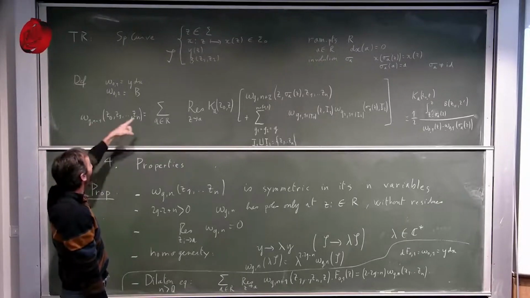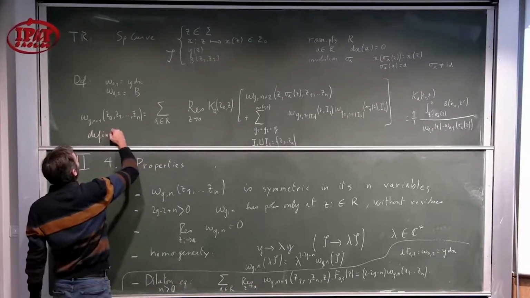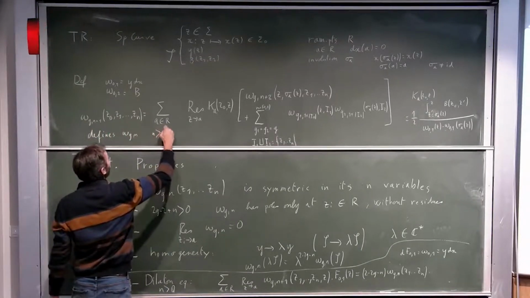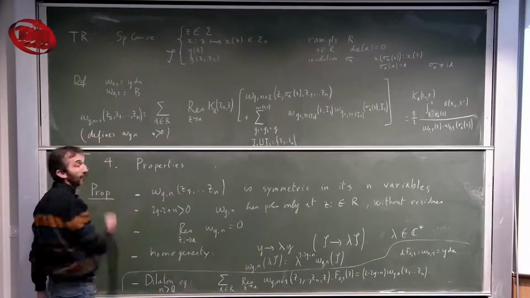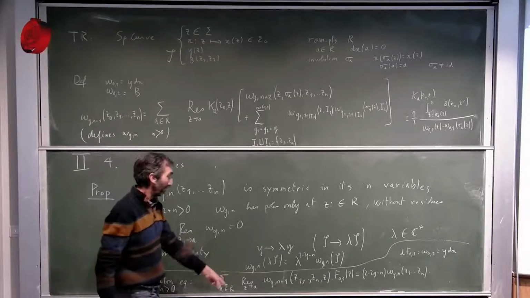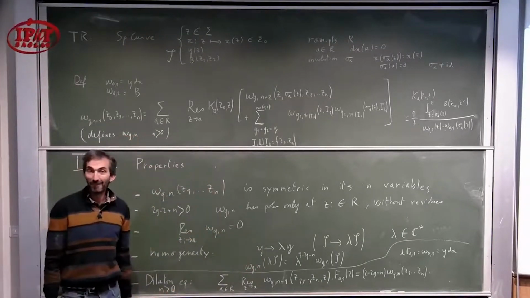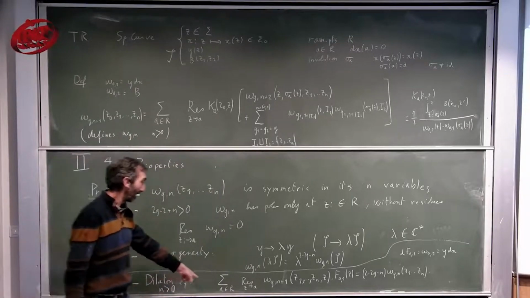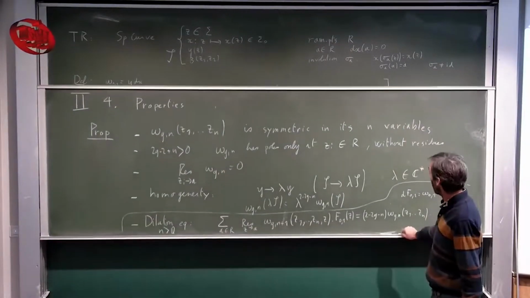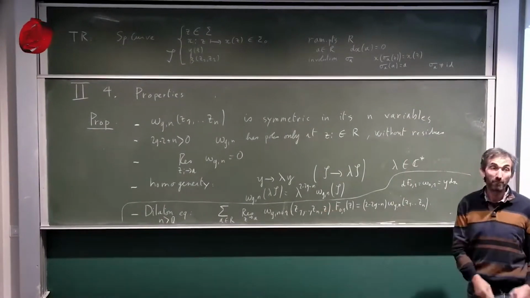So in fact, this defines every omega_{g,n} with n strictly positive. But the idea is that, could we define omega_{g,0}? Well, if we use the dilaton equation, we take the dilaton equation to be the definition of omega_{g,0}.